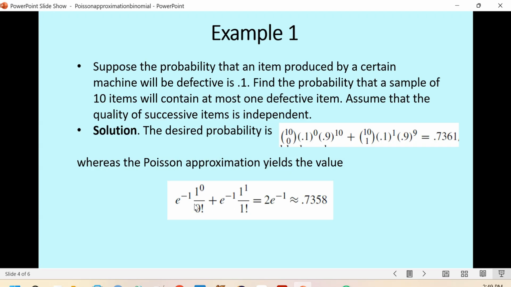The first part is 0 factorial in the denominator, and e to the minus 1 times 1 to the power of 0. The second is 1 factorial in the denominator, and the numerator is e to the minus 1 times 1 to the power of 1. So the result is about 0.7358, very close to the exact probability using the binomial random variable.